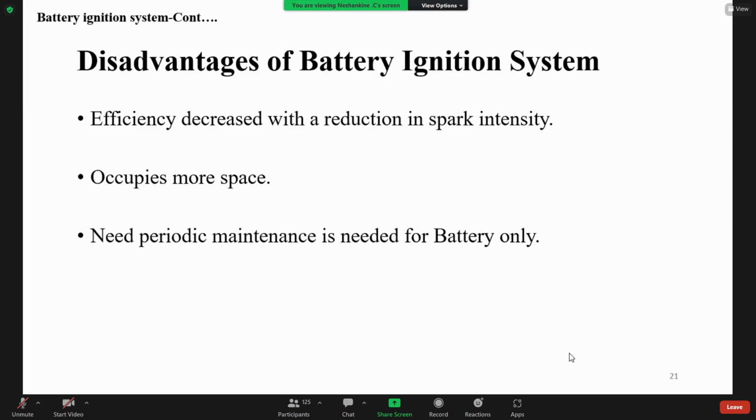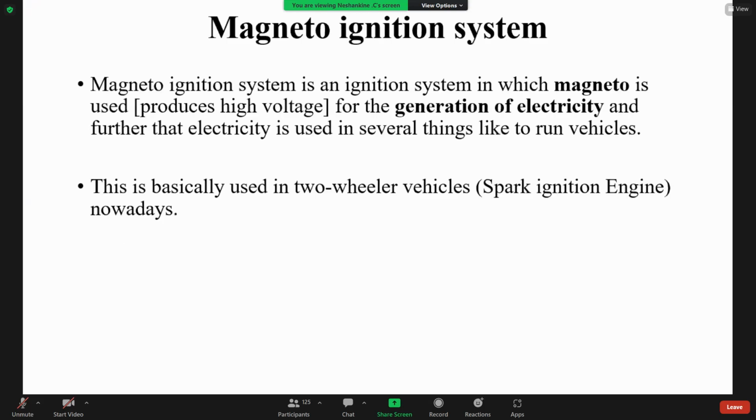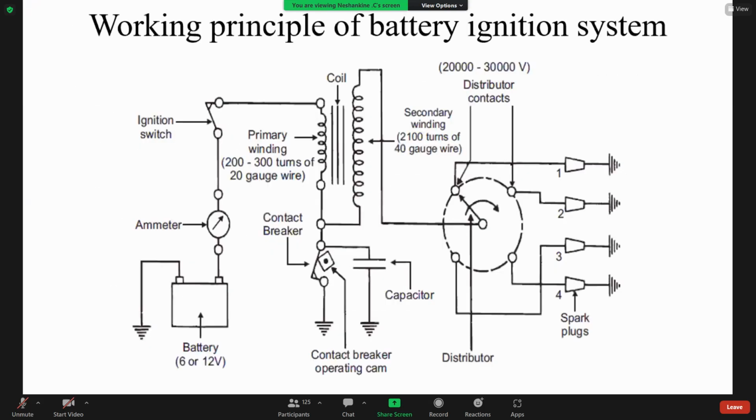Nimasha, can you explain this battery ignition system, the working principle of this battery ignition system? What happened in the coil?